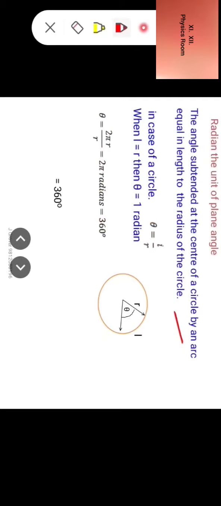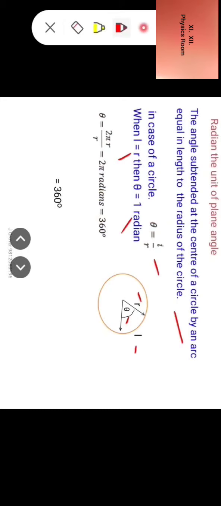Now in case of circle, we know theta is equal to L by R. This is theta, this is L, this is R. Now when L is equal to R, then theta is equal to 1 radian, because R divided by R will become 1.